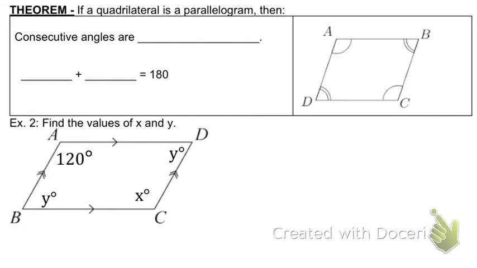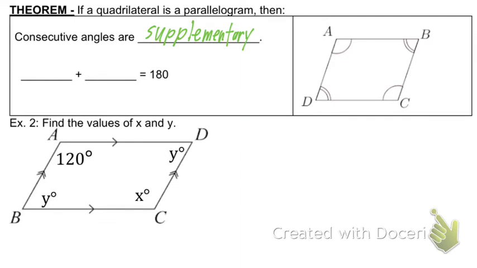So, if a quadrilateral is a parallelogram, the consecutive angles are supplementary. What does it mean to be supplementary? Add up to 180. If you want to know how to spell out supplementary, it's like this. But I also will often just abbreviate after the P. So here, can somebody give me an example of two angles that would add up to 180?